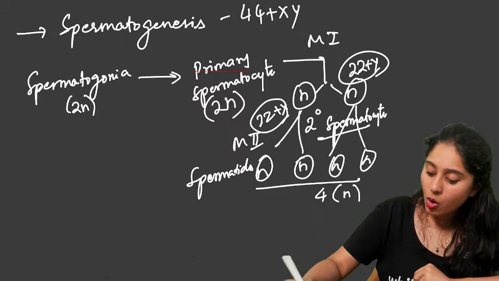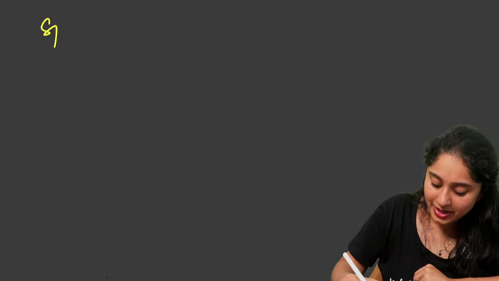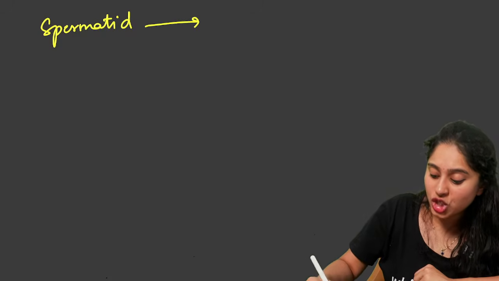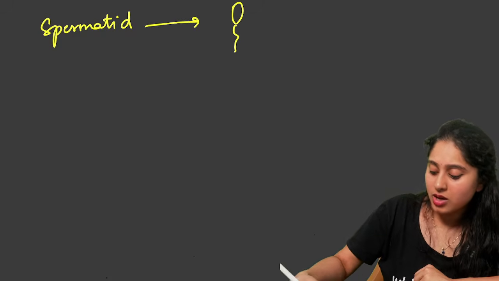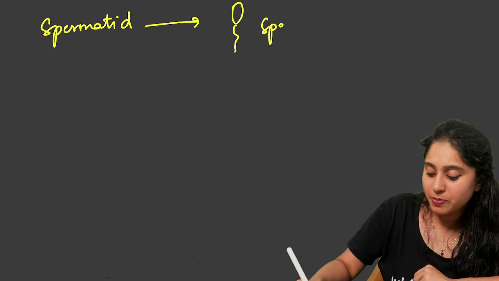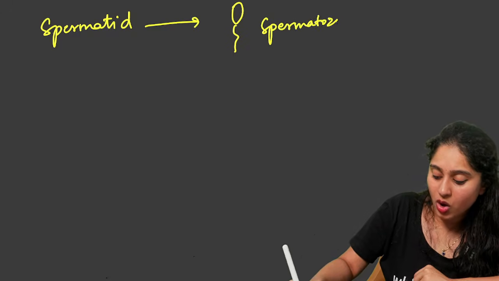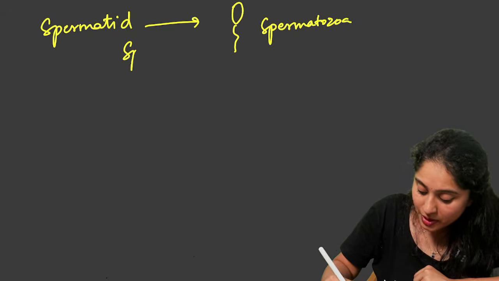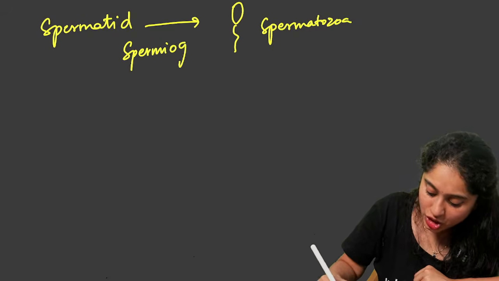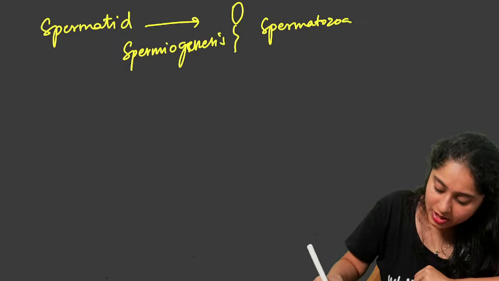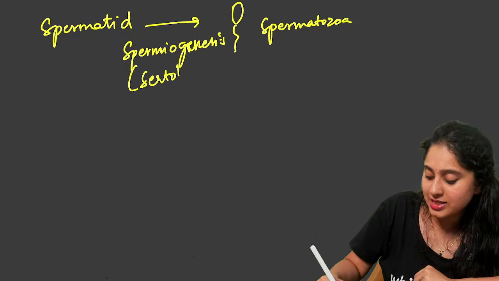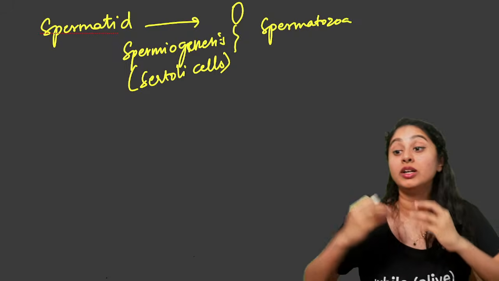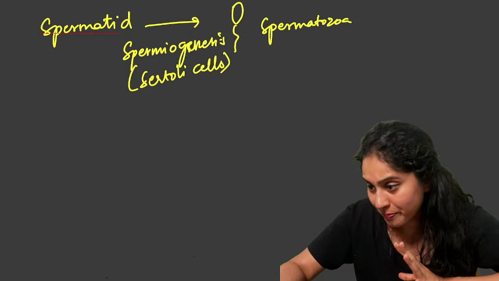This particular spermatid will mature into a proper spermatozoa. This process is known as spermiogenesis. And the Sertoli cells definitely need to help in order for the spermatids to convert into a mature spermatozoa.